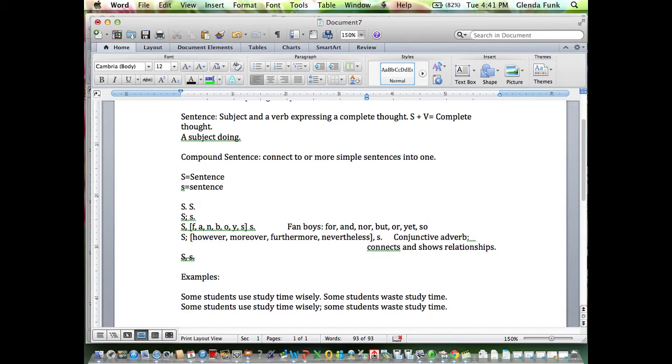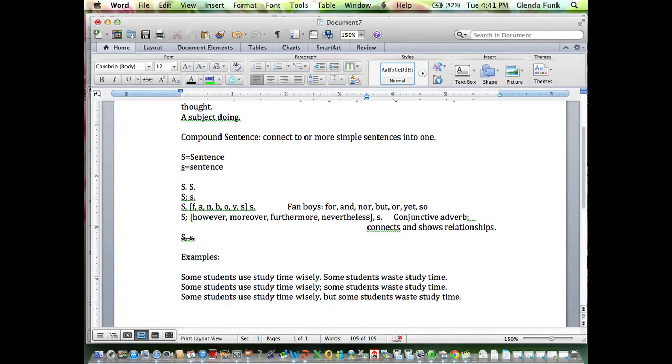Then the next example is some students use study time wisely, comma, because I'm connecting with a coordinating conjunction, but because I want to show the contrast in ideas, some students waste study time.